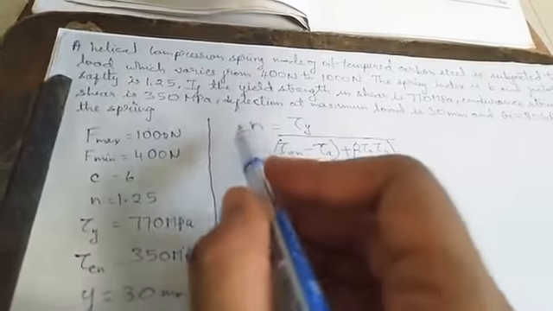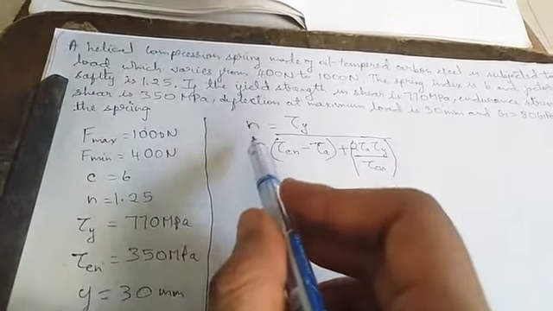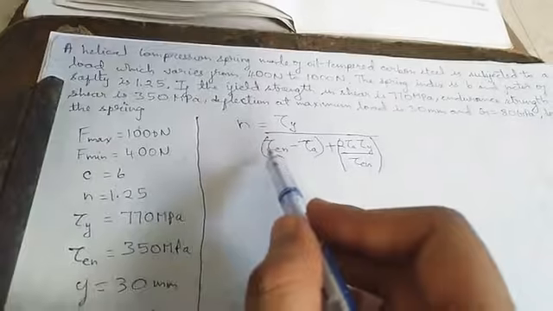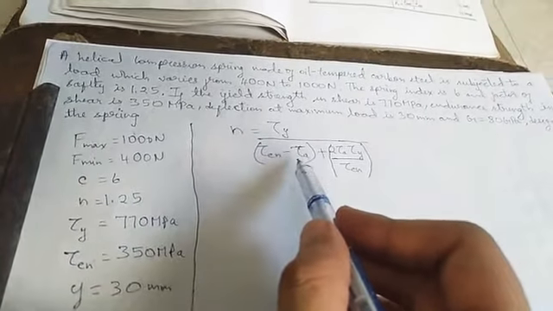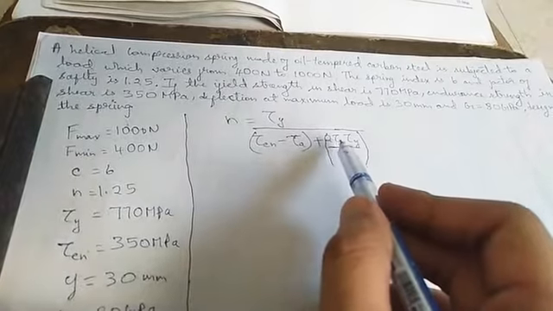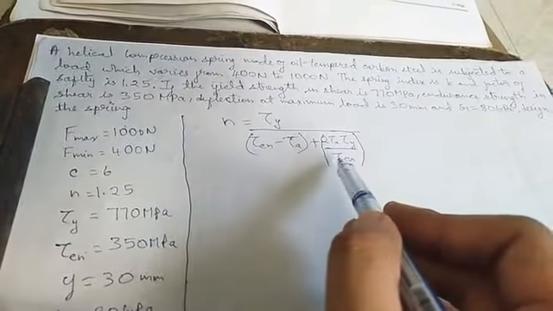You have to remember this. The expression for factor of safety n is equal to tau y by tau endurance minus tau variable or alternating plus 2 into tau a tau y by tau endurance.